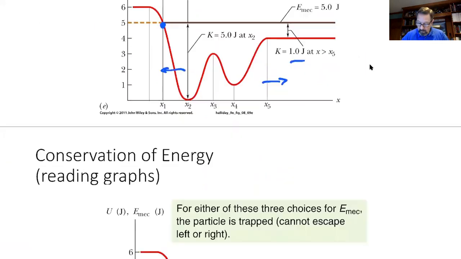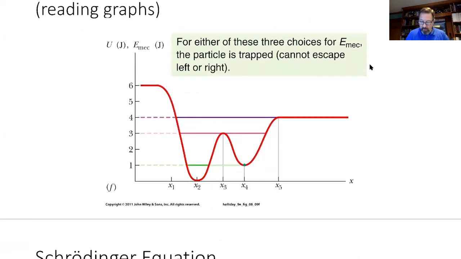Okay, keep going there. What if I only had the total energy equal to this, that black line right there? Well, now the particle is trapped in between that region right there. It can't get out of this potential energy well at all. It can't escape from that point. If I had a total energy equal to 3 joules, the pink line right there, if the particle was over here, it would be trapped in the left well.